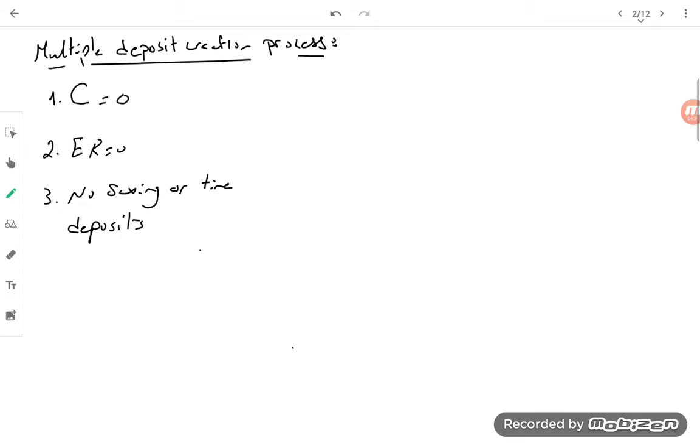The story is going to start with Gugu, who is going to deposit $1,000 in the bank. And we know that the required reserve ratio set by the central bank is 10%.